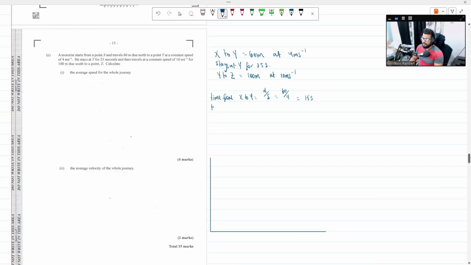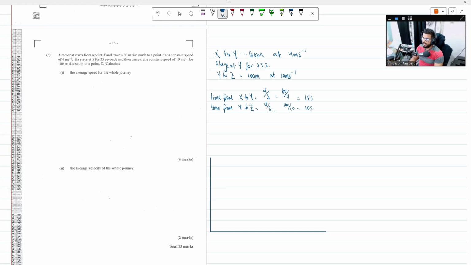And the time from Y to Z is going to be distance over speed again, which is 100 over 10, which is 10 seconds.